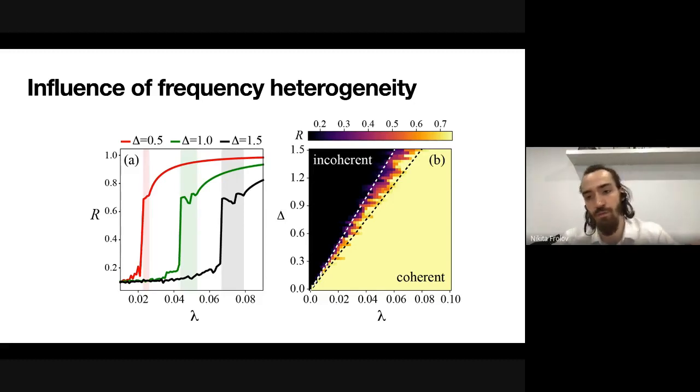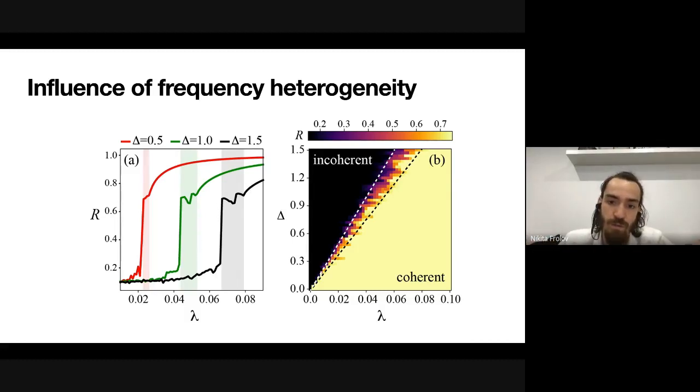The white dashed line represents the explosive transition, and the black dashed line represents the transition to coherence. In the case of a completely homogeneous ensemble at delta equals 0, we can see that the transition emerges quite fast from incoherent to coherent behavior, and both of the transitions, explosive and transition to coherence, happen at the same point.